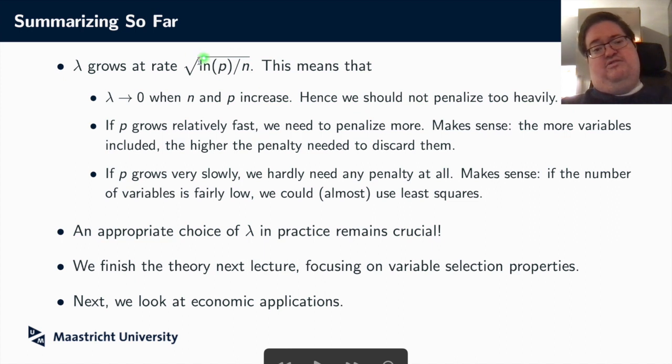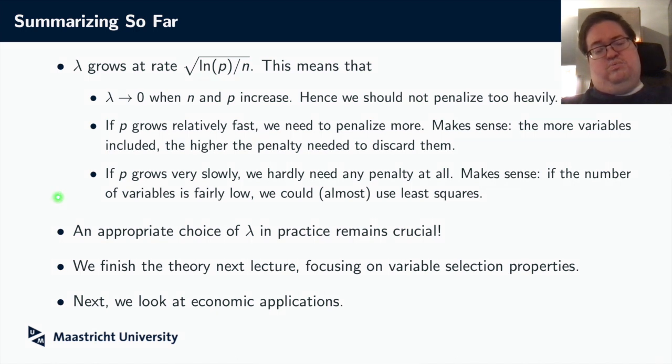So this rate does not tell you anything about how to choose it in practice. Because in practice we only have one p, we only have one n, and we can multiply and add stuff without changing the rate, but of course changing the value. So you really do need an appropriate choice of lambda, not based on this rule, but instead based on, for instance, one of the methods that were discussed in the earlier lecture.